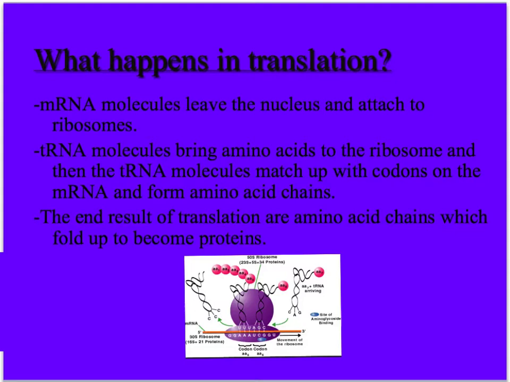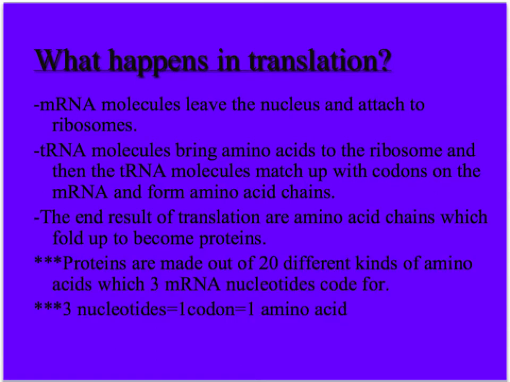So looking at a slightly different picture, we still have the mRNA here, we still have our ribosome here, and each of these little circles attached along the top is an amino acid, so a string of amino acids. The proteins in humans are made up of 20 different kinds of amino acids. And again, 3 nucleotides will give you 1 codon, and each codon codes for 1 amino acid.